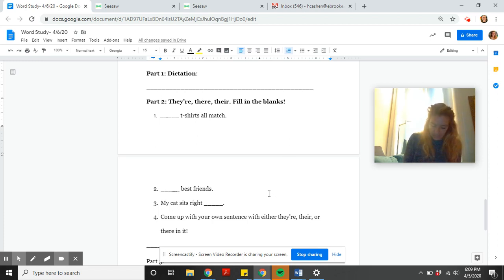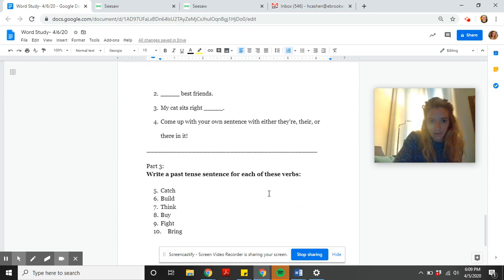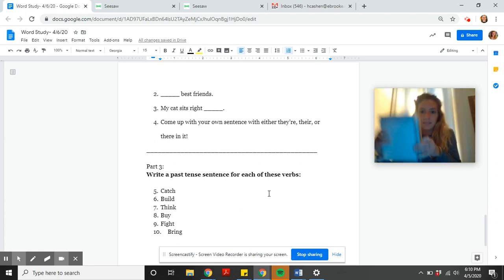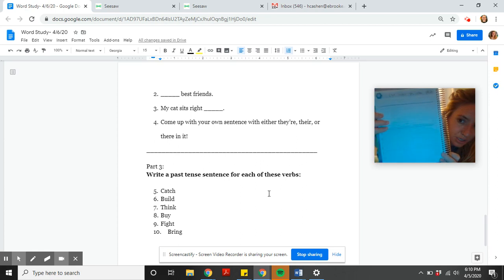I'll show you what I mean in a second. And then 5 to 10 in the third part. So at the top, I'm going to have a section for dictation.